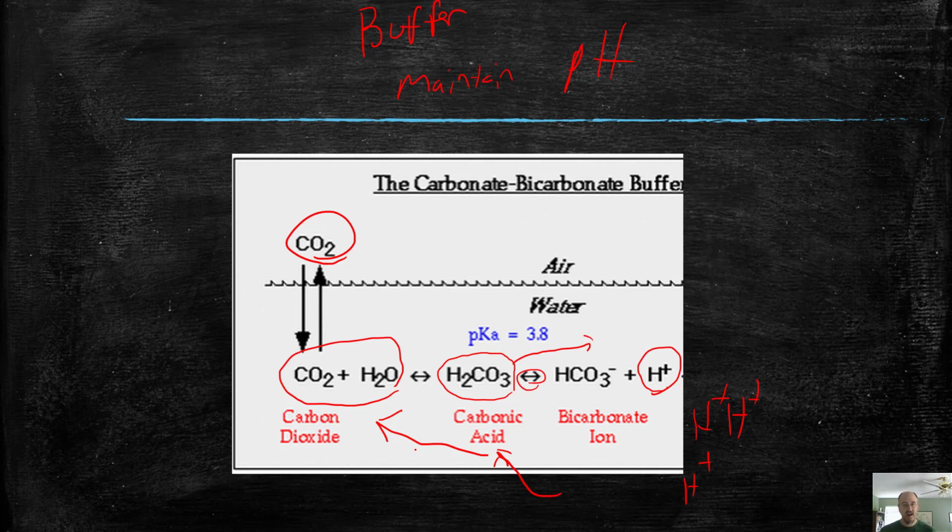If, on the other hand, you have a lot of hydroxides hanging out in your blood, and your pH is increasing, it's becoming too basic, then this can dissociate in greater numbers, and it will shift to the right, and it will release more hydrogen ions.